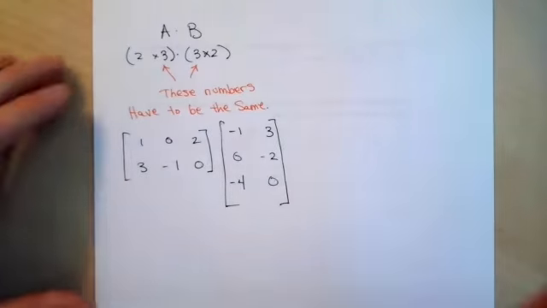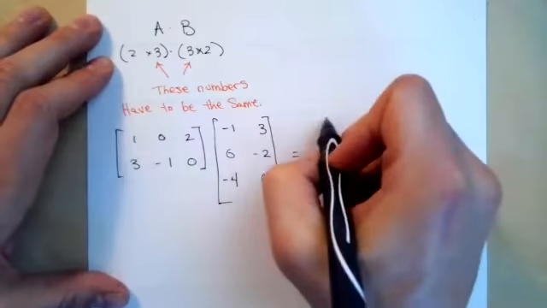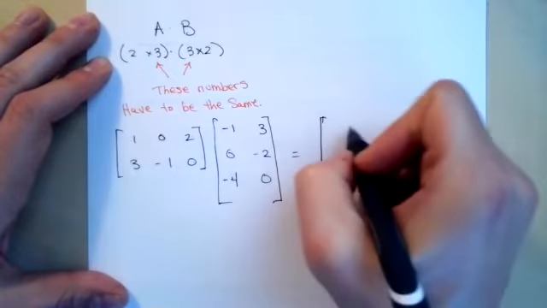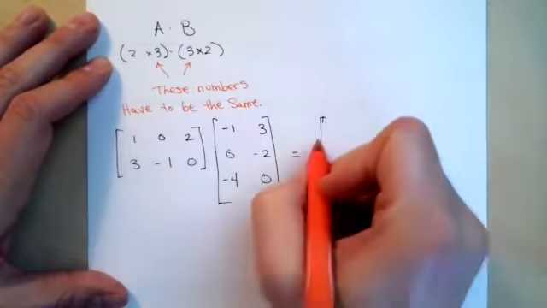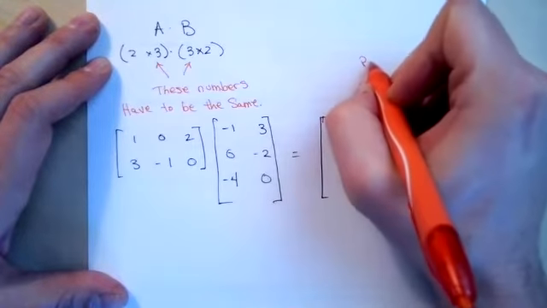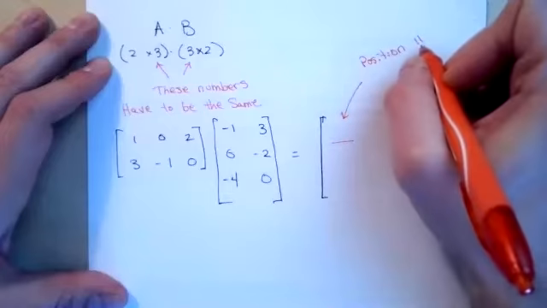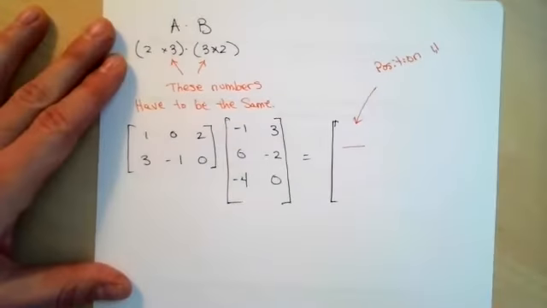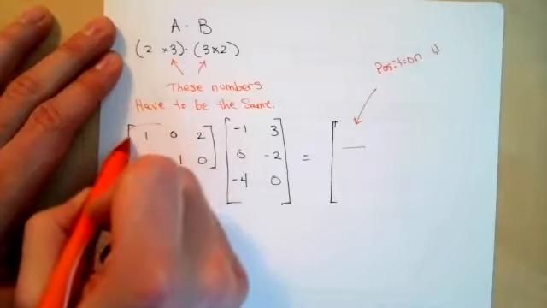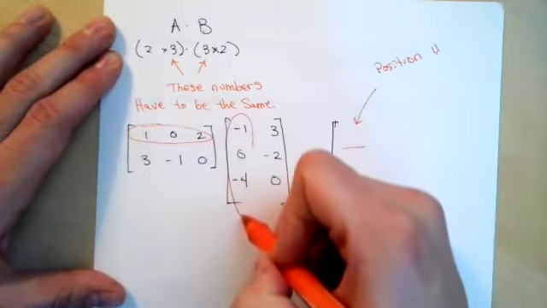And what you want to do is start with, so let me try to annotate this as we go. So this position is 1, 1, right? First row, first column. Means where you're going to take the first row times the first column.